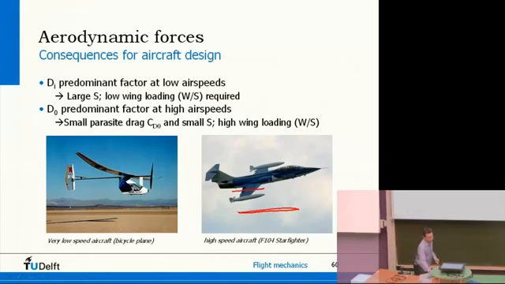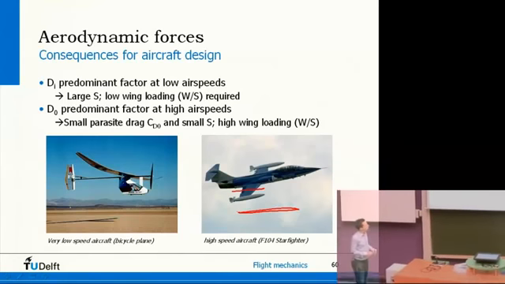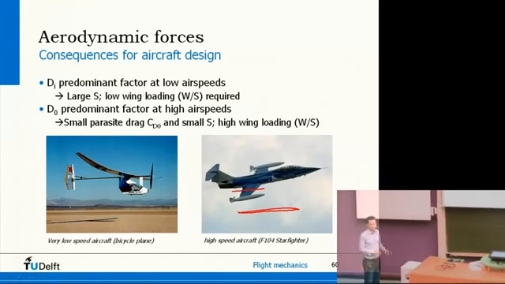Whereas if you look at this other aircraft, which was a bicycle plane, there's one guy pedaling in the front. You need to be quite fit to do that, because you need to generate a lot of power. But you can imagine if you cycle yourself, you can't generate a lot of propulsive force, so you have to fly slowly. Now, in that case, this other type of drag, which is induced drag, becomes really important.